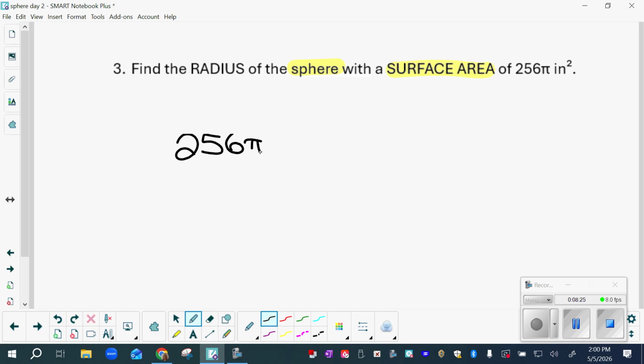256 pi, be careful. The surface area is 4 pi r squared. No 3 and no cube, right? So be careful on this one. Get rid of that pi first. Get rid of that 4 next. 4 goes in there. 64.